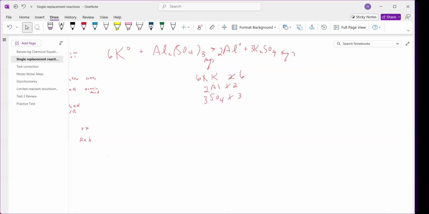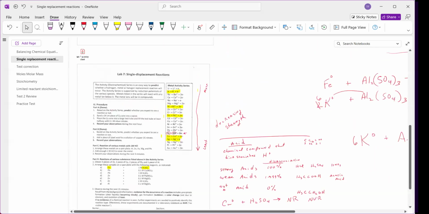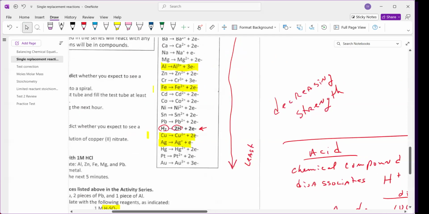Okay, so let's do that reaction. We're going to have iron metal and hydrochloric acid, HCl. You already know what's going to happen. So we're looking for the H's and the ions on a reactivity chart. So here's the H and here's the iron.